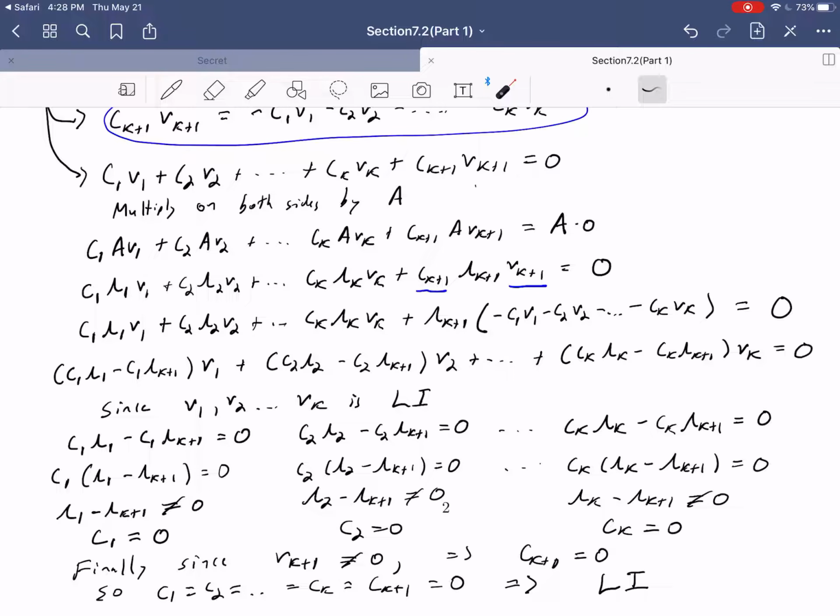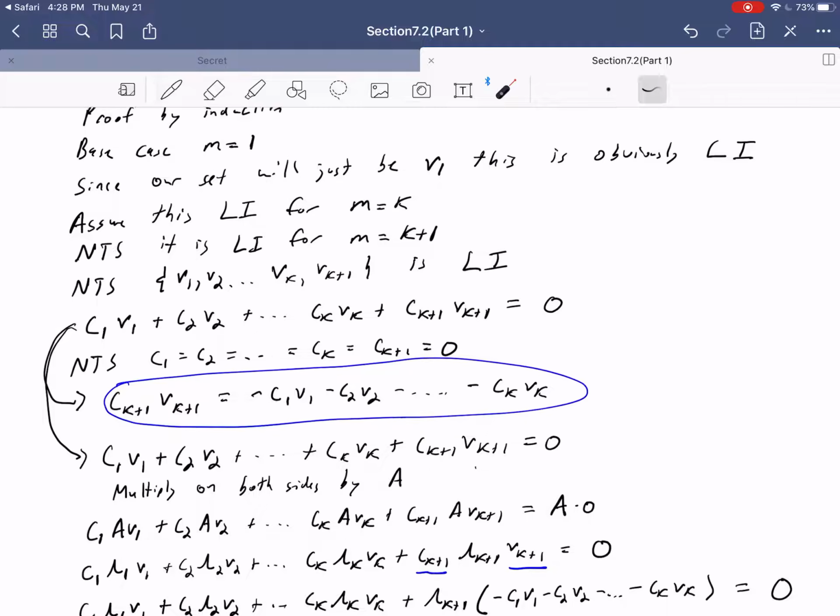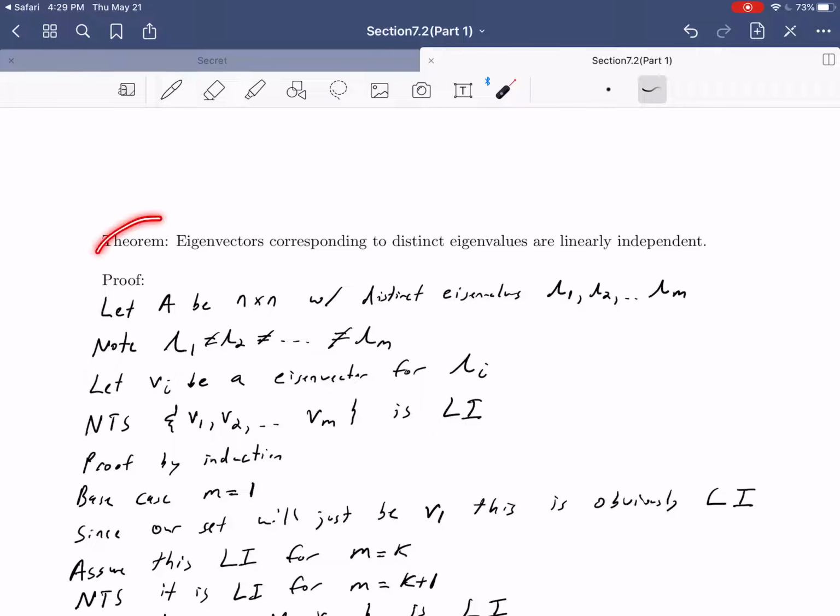But what you should really take away from this is what this theorem is saying, because it has a very simple statement. It's just saying that if you grab eigenvectors from distinct eigenvalues, those are guaranteed to be linearly independent.